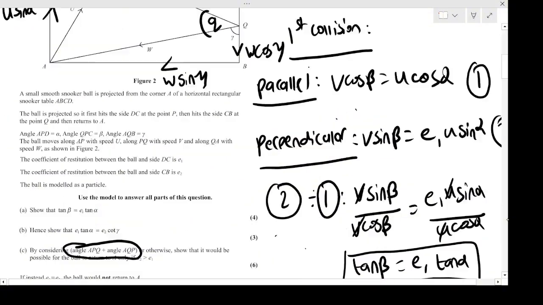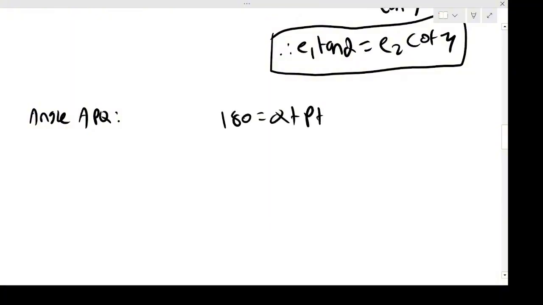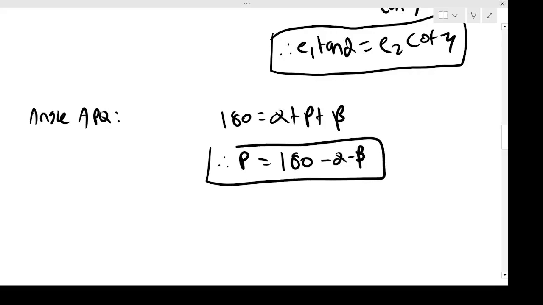So therefore I could say that firstly, for angle APQ, 180 has to equal the angles alpha and P and beta. Therefore, P, the angle APQ, if I rearrange, I'm just going to get 180 take away alpha, take away beta. And there we are. So that's the first angle.